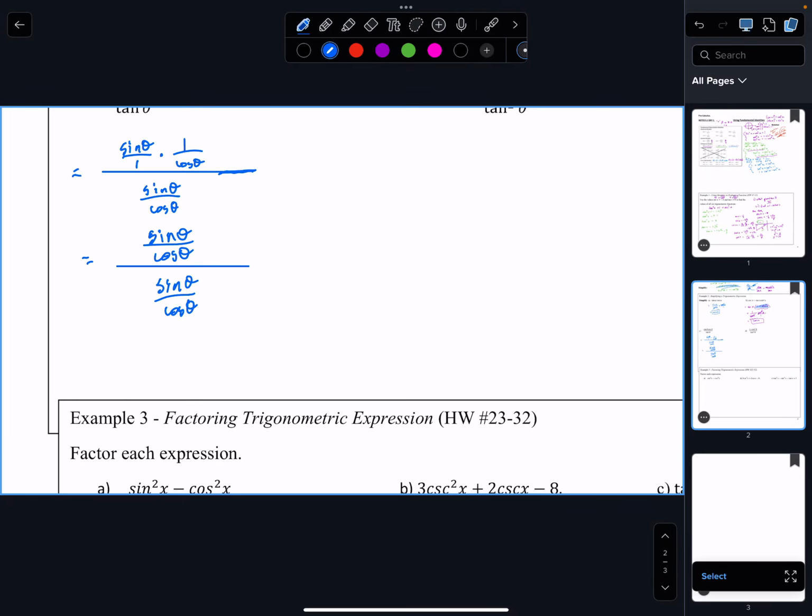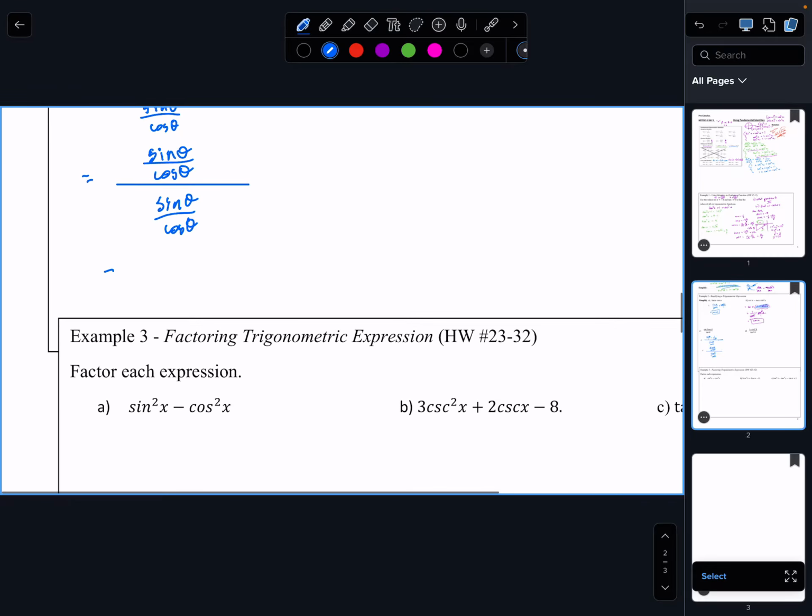And so what we are doing here is when you divide, you multiply by the reciprocal. When you divide, you multiply by the reciprocal. And across multiplication, the sines cancel, the cosines cancel. That's not 0, it is 1.